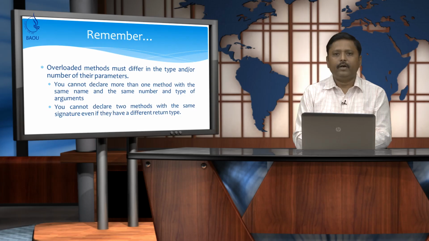Because in the signature we have the return type as well as the parameters, but method overloading only works based on parameter number and parameter type. So, return type is not taken into consideration while calling an overloaded method. So, you cannot declare a method with the same parameters but a different return type. They are considered ambiguous or confusing by the compiler. So, these two things you have to remember.